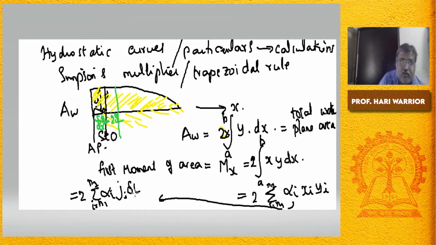X coordinate of the ith station is equal to j of the ith station into delta L. J and I are more or less same. We say that station 0, I is 0, but for station 0, j is also taken as 0. So you can use interchangeably. So ji into delta L will give you xi.